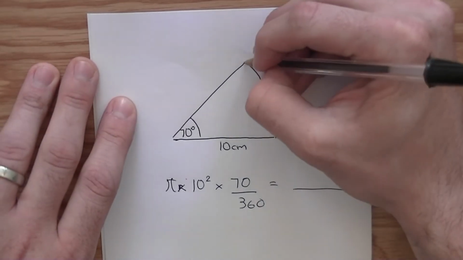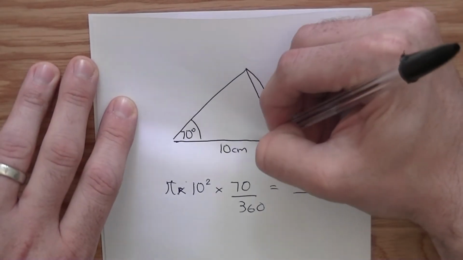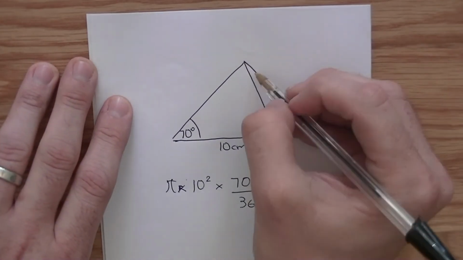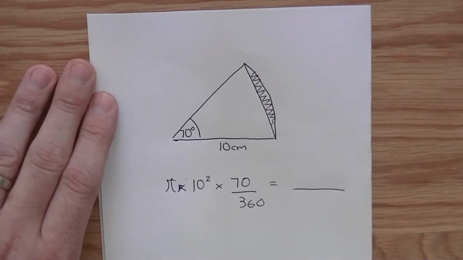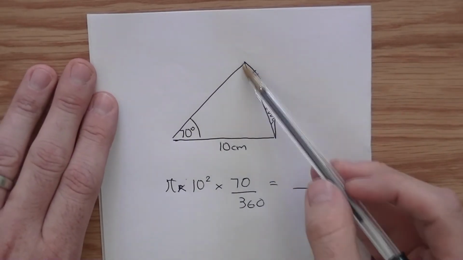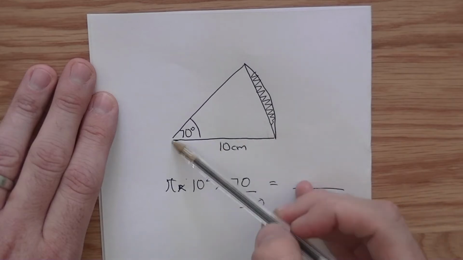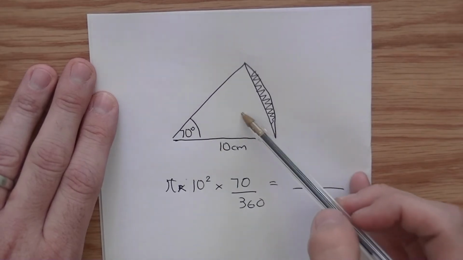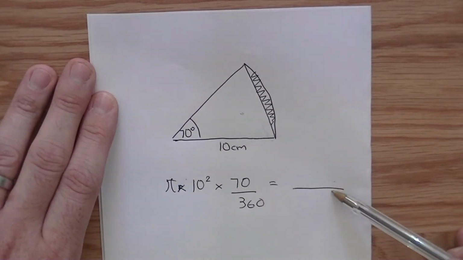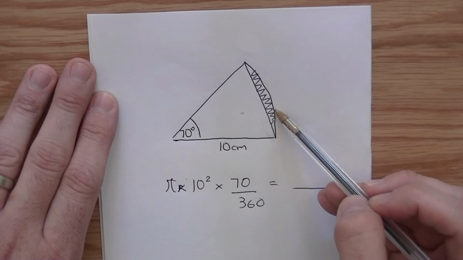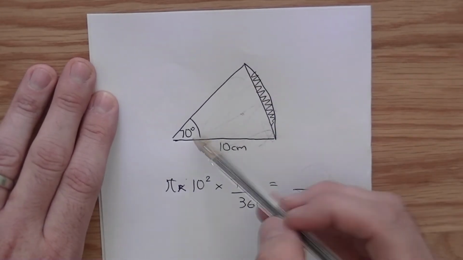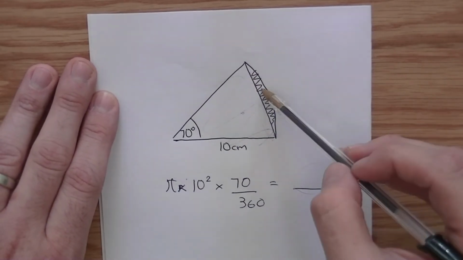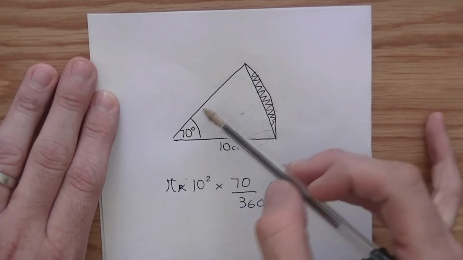However, if I then draw a straight line there, and I want the area of just that bit there, I'm going to need to find also the area of this triangle and take the triangle away from that to leave me with just the shaded bit. So this is currently the whole thing. If I can get the triangle, take it away, like I said, I'm left with just that. So how would I work out the area of that triangle?